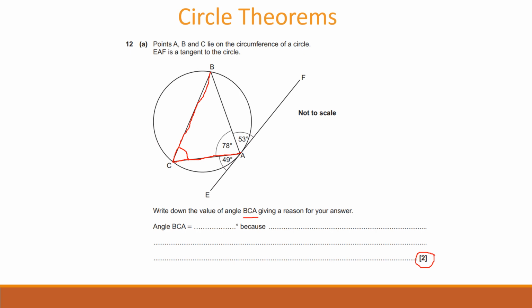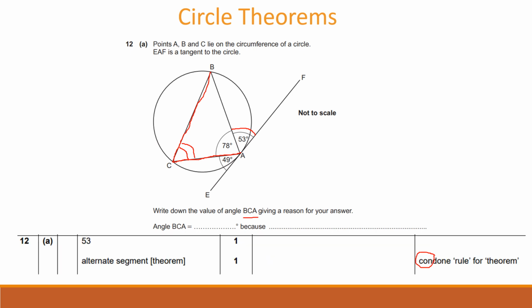What the alternate segment theory says is this angle here is in the alternate segment to the line that you've got down the bottom, and it's going to be exactly the same as this angle here, BAF. So I've got a tangent drawn to this circle, and these 2 angles here are going to be exactly the same because of the alternate segment theory. It is quite a tricky one to spot, this one.